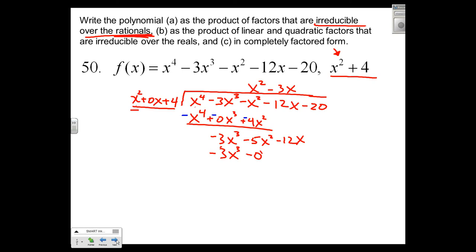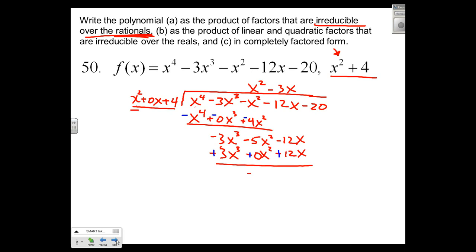So that is minus 3x cubed. That is plus 0x squared. And that is minus 12x. And before I do anything, we change that to subtraction, so this becomes plus, plus, plus.